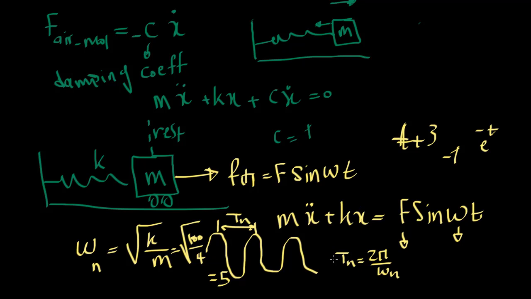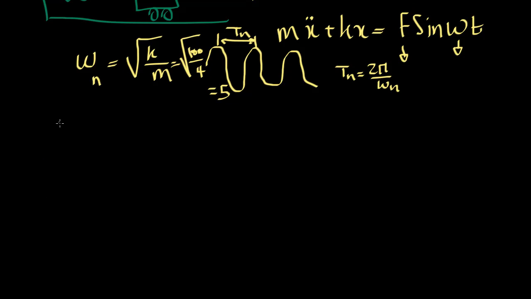Let me write down here this equation that we had in its general format. You will start with the free vibration, which is basically m x double dot plus k x equal to 0, free vibration and undamped.